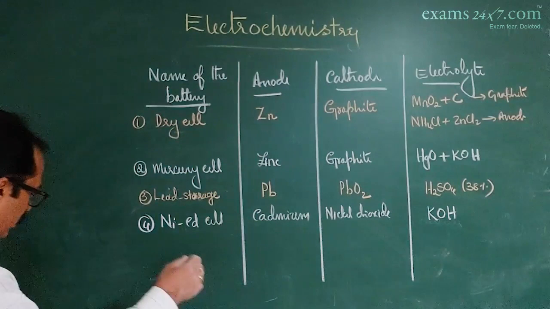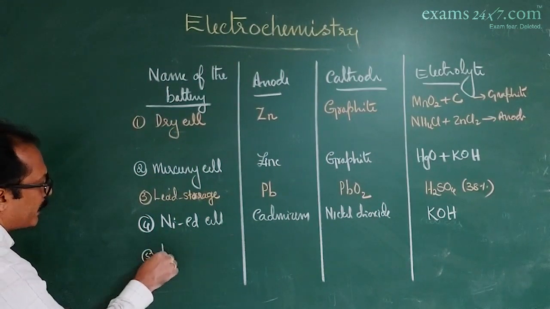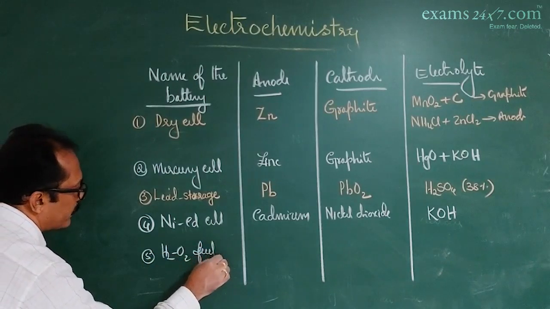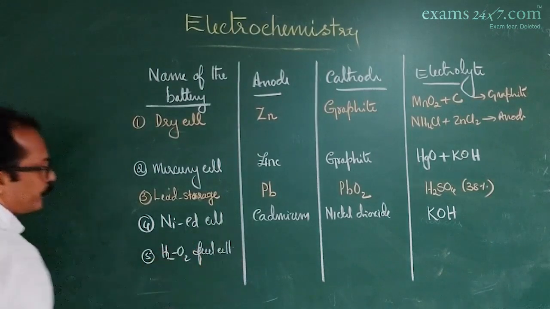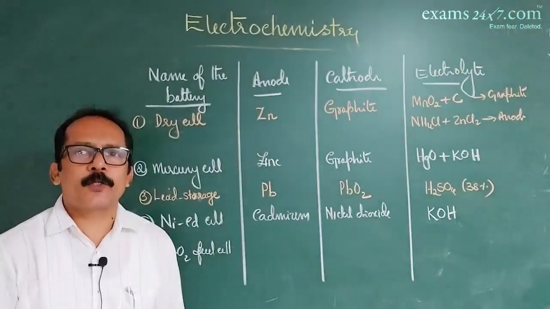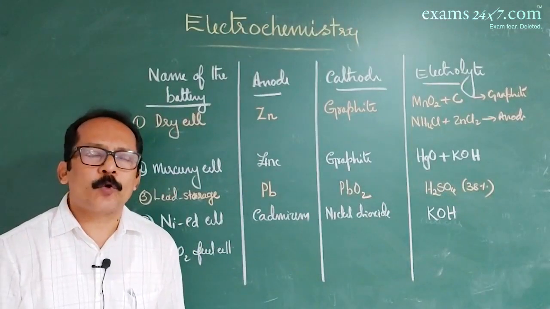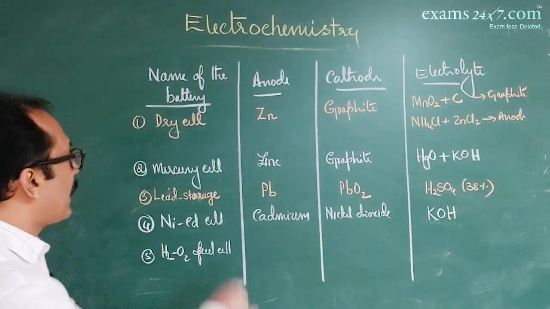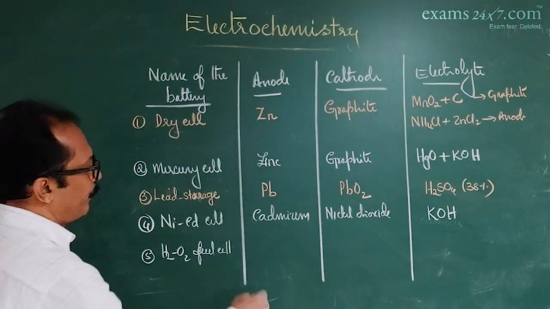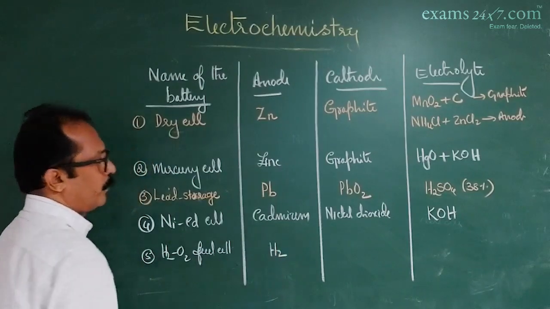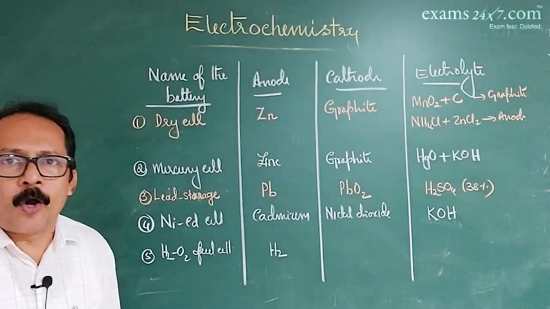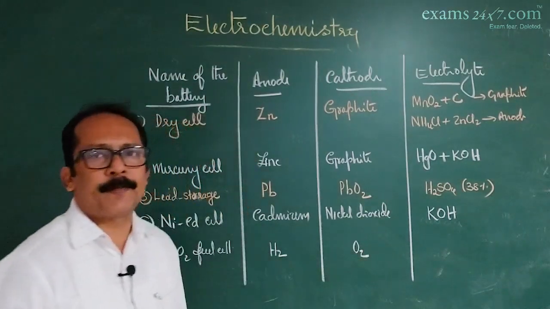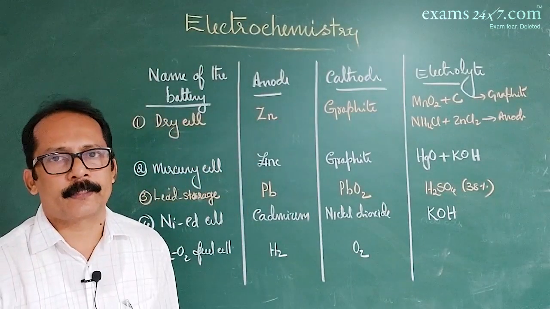Okay. Now, last one about the hydrogen oxygen fuel cell. In the hydrogen oxygen fuel cell, the part of the cell where hydrogen gas is passed acts as the anode. The compartment where oxygen gas is passed into the cell acts as the cathode.